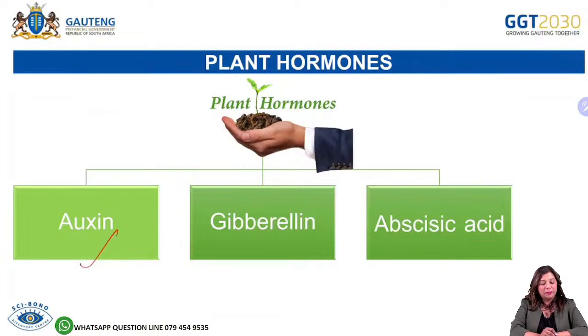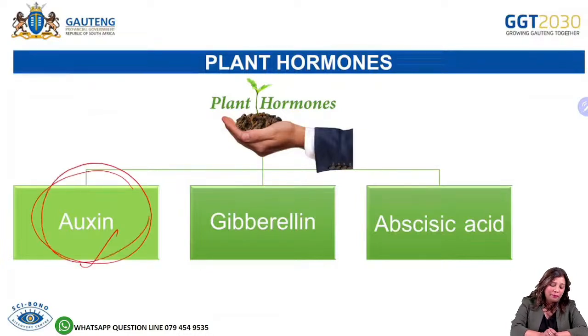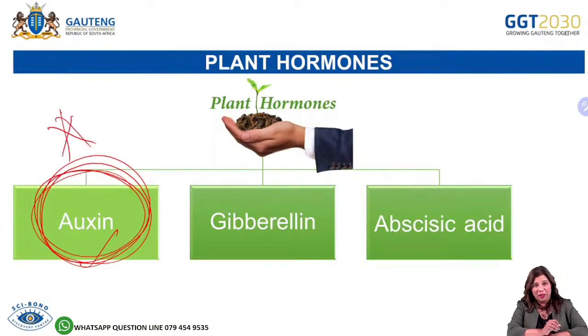It's auxins. This one here, grade 12s, pay attention. I'm not circling it so many times for nothing. It is one of the most important hormones you're ever going to do. Okay, auxins. They like to ask you questions on hormones, especially auxins, because auxins has quite a lot of functions attached to it, which we're going to discuss.